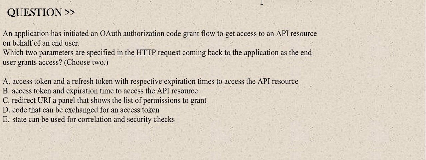Option B, access token and expiration time to access the API resource. Option C, redirect URI to a panel URI, a panel that shows the list of permissions to grant. Option D, code that can be exchanged for an access token. Option E, state can be used for correlation and security checks. The correct answers are option A and B.